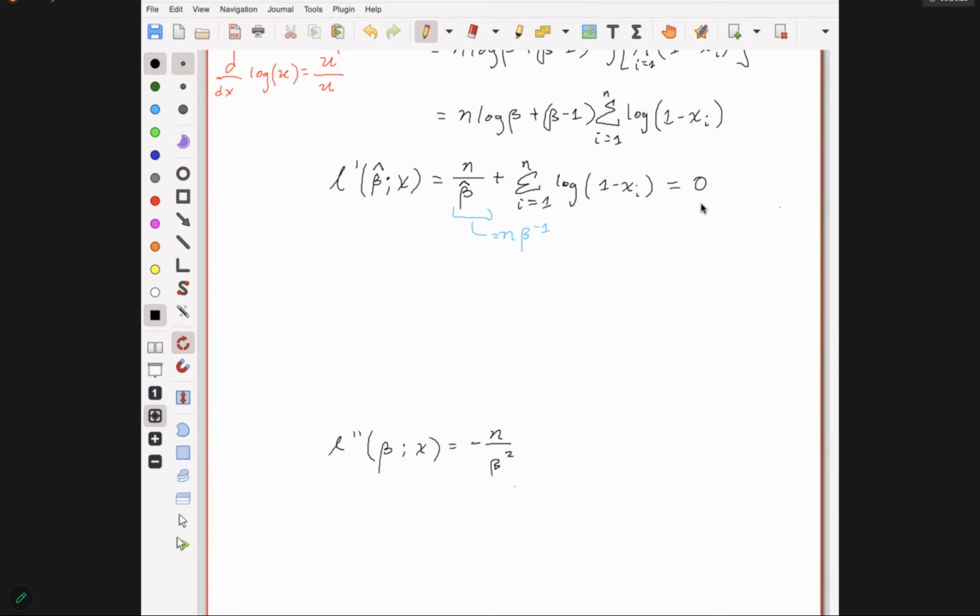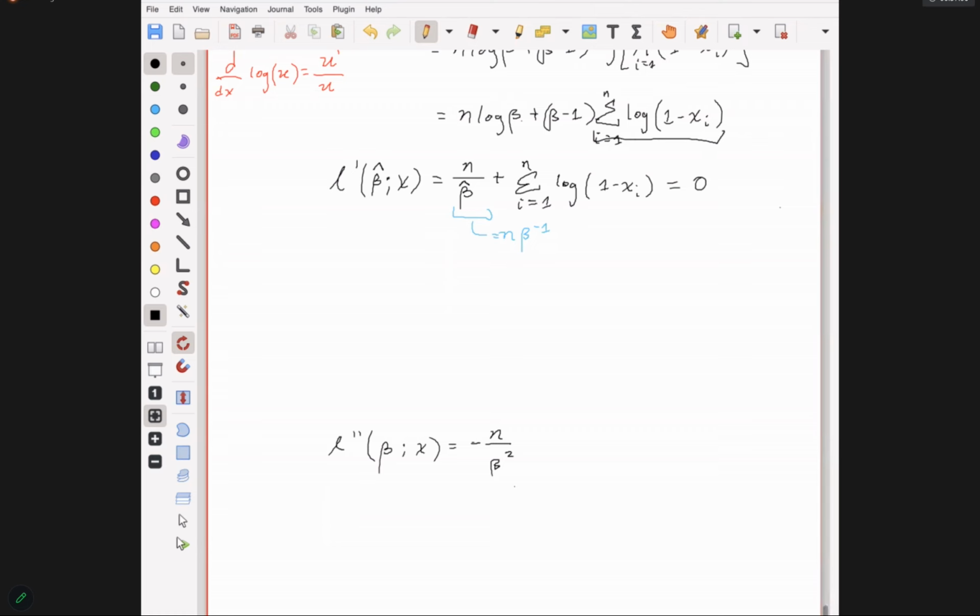I said that the constant we take as 0 in the second derivative, right? This constant, the log. Can we just put it 0 from the first derivative? Is it okay if the first derivative is just n over beta hat and that's it? We just remove the whole expression, the log? No. Why? Because this is the coefficient of beta here.